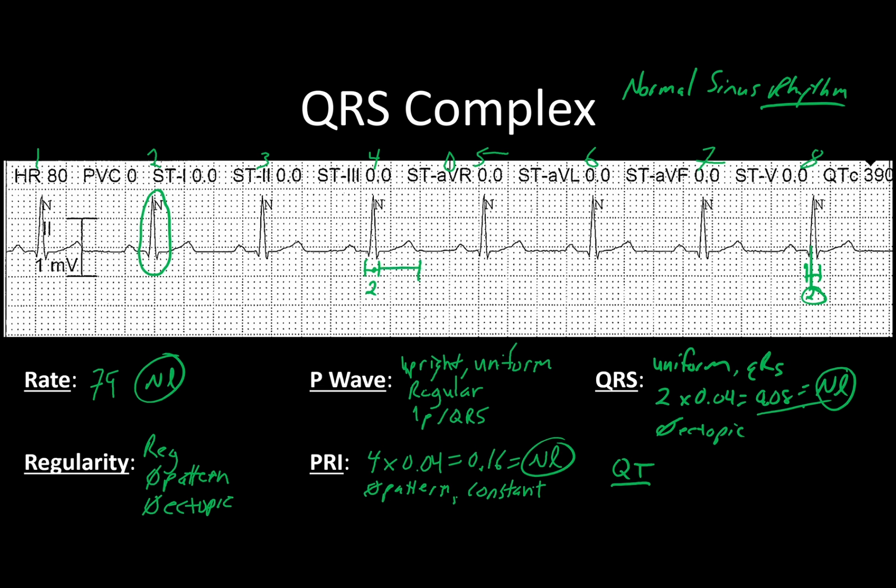So if we measure across those, that's 1, 2, 3, 4, 5, 6, 7, 8, 9. 9 boxes. So if we take 9 times 0.04, 9 times 4 is 0.36, which is normal.